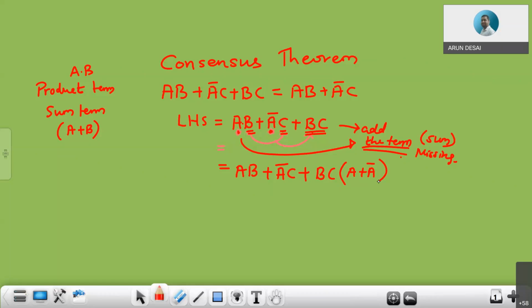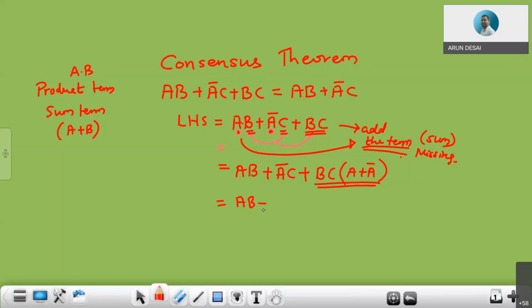So if you multiply 1 to any term, does the value of that term change? Obviously no. So you need to solve this.